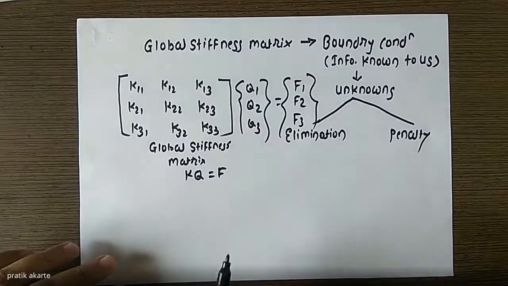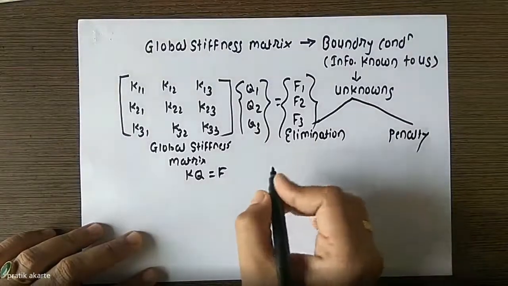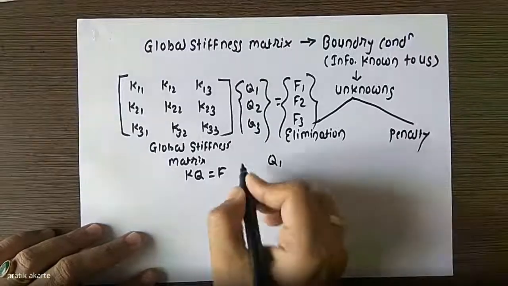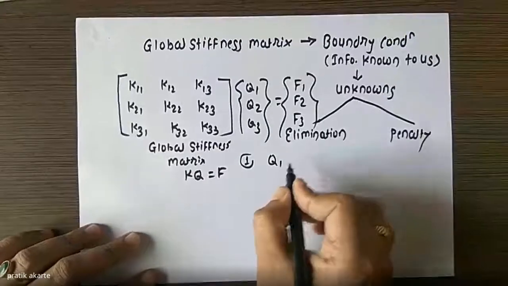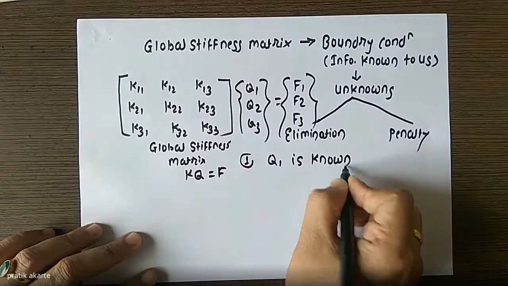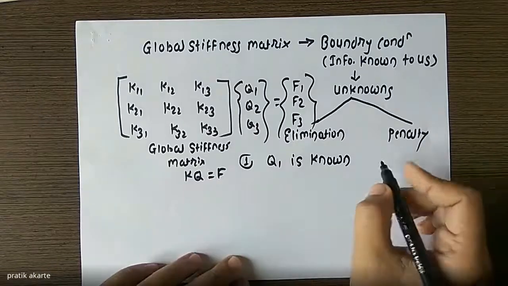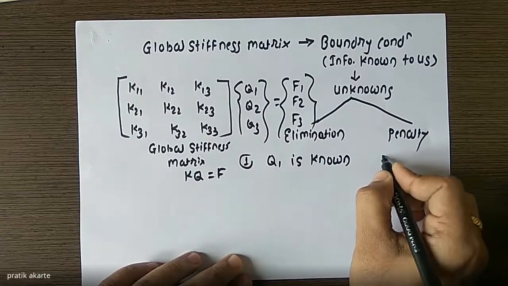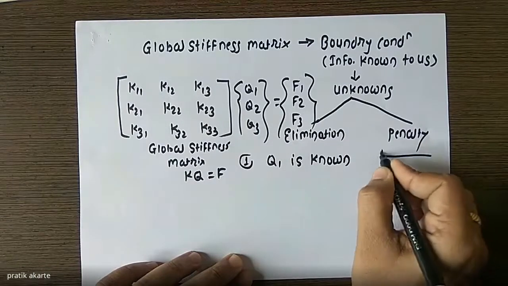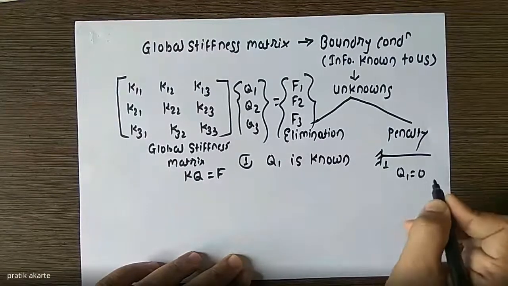Okay. So consider this as a case: if Q1 is known, Q1 meaning the displacement at node 1. Let us say at node 1 the displacement is 0, it is fixed. So if node 1 is fixed, we can say that Q1 is 0.